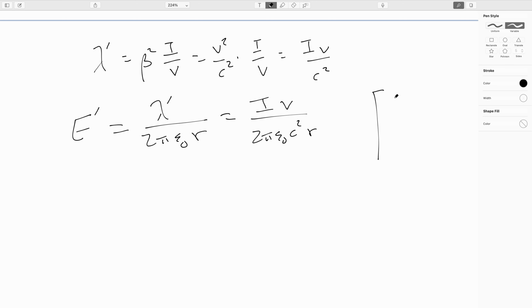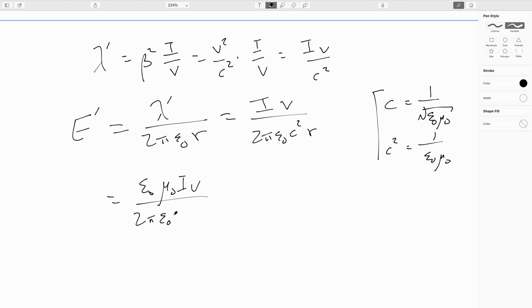Now, we remember that the speed of light is 1 over the square root of epsilon naught mu naught. So if I square that, c squared is 1 over epsilon naught mu naught. Or 1 over c squared will just be epsilon naught mu naught in the numerator. So this becomes epsilon naught mu naught IV over 2 pi epsilon naught r, and we can cancel the epsilon naughts. Now we've got V times mu naught I over 2 pi r.